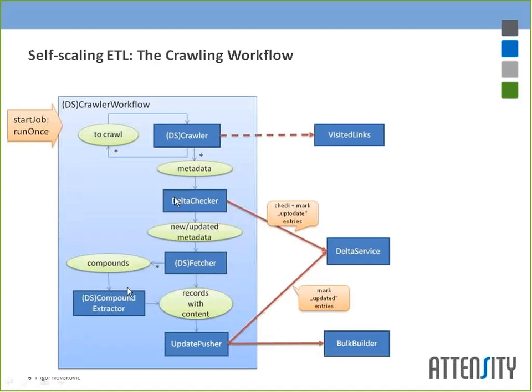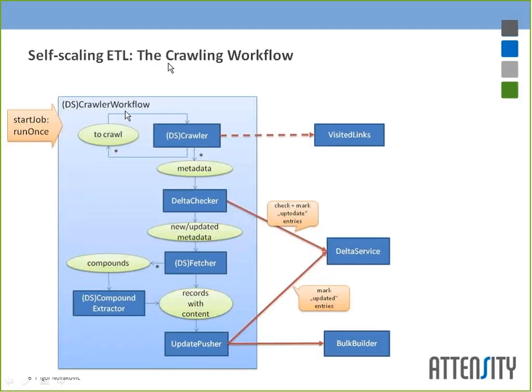The other components, delta checker, delta service, update pusher, and bulk builder, are independent, so to say, of the data source that you are crawling, and can be reused, of course, for different data sources.